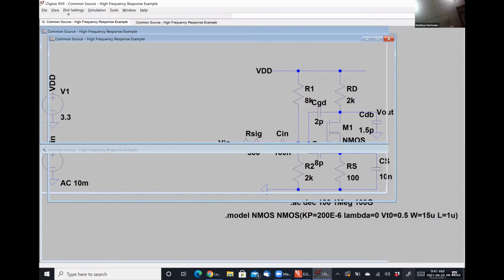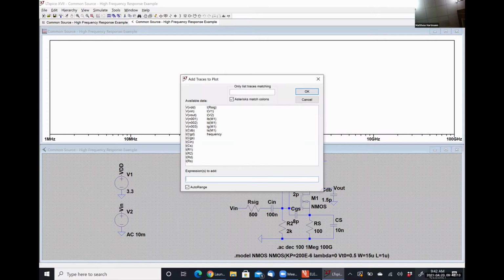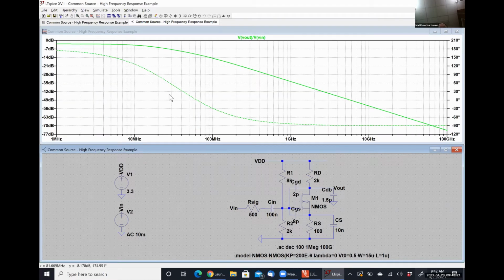So if I run this simulation, let's see, add traces. We have a fairly good argument for our dominant pole approximation.